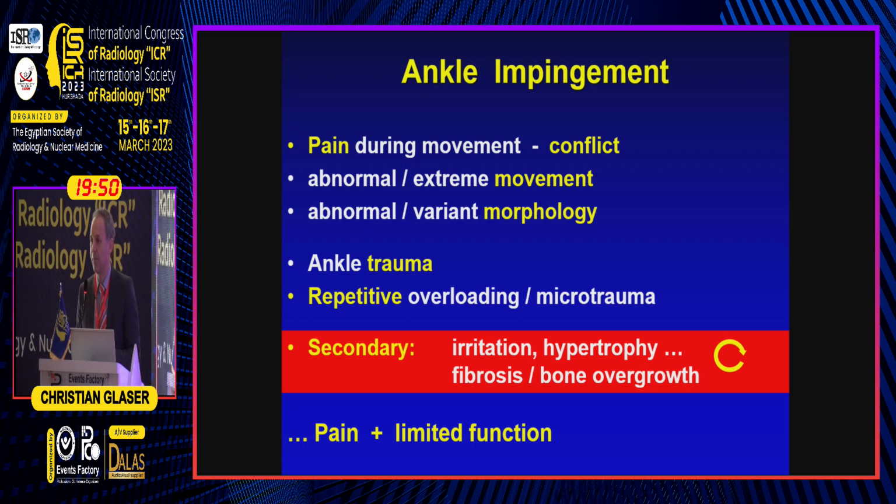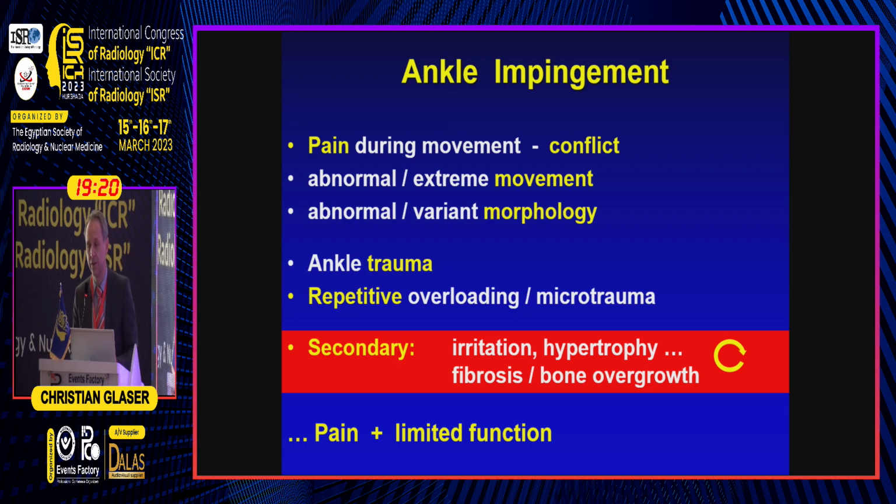So a ballet dancer would maybe have impingement in a morphological situation that a normal person wouldn't experience, because this normal person would not undergo this extreme range of movement. So abnormal or variant morphology, this is our topic as radiologists, but it comes a bit secondary. So we have sometimes abnormal morphology, but no impingement.